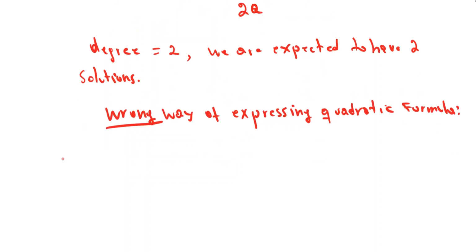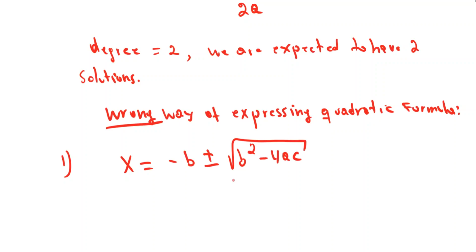Number 1. Sometimes when you grade papers, you see someone writing the quadratic formula as such, and then when they divide, they only divide the square root of b squared minus 4ac by 2a.